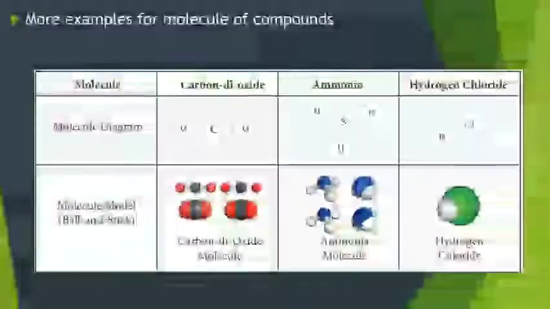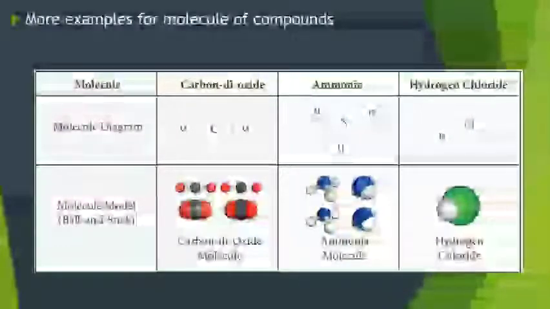Examples are given here for better understanding of molecules of compounds. They are carbon dioxide, ammonia and hydrogen chloride. In carbon dioxide, we can see that carbon atoms and oxygen atoms are chemically combined. Carbon is one kind of atom and oxygen is a different kind of atom. They are chemically combined to form a compound.